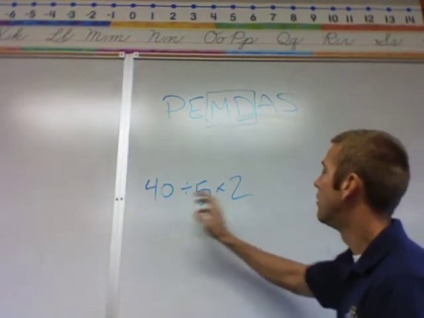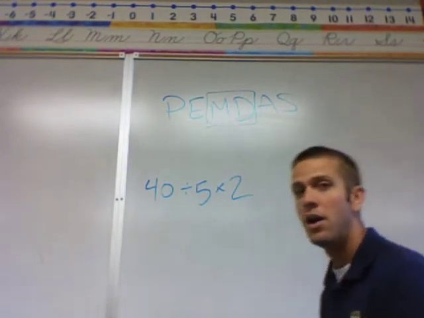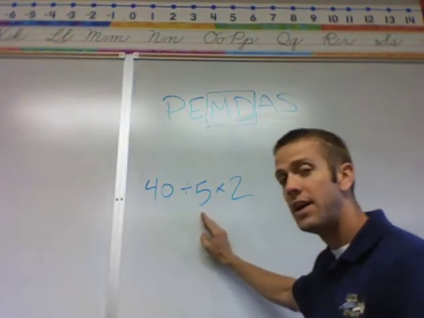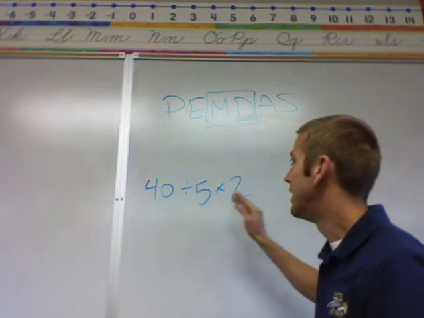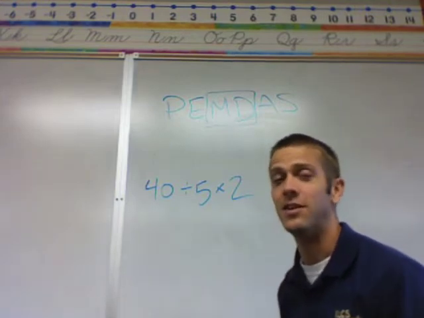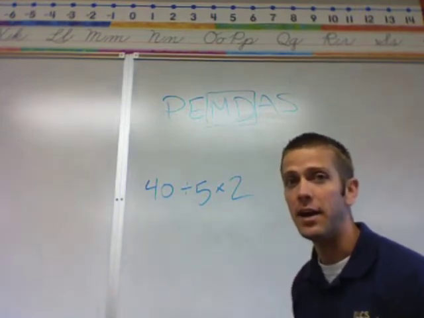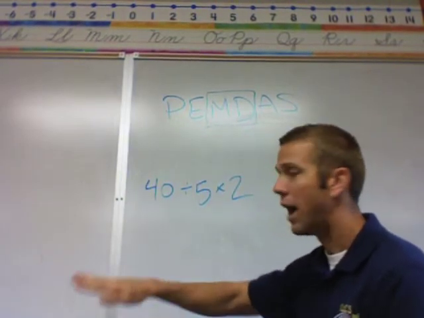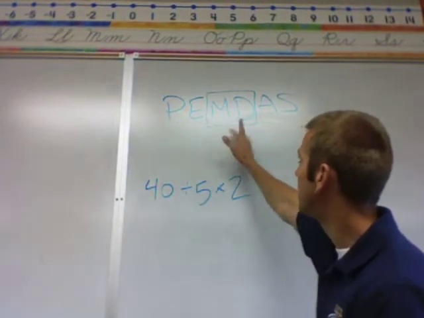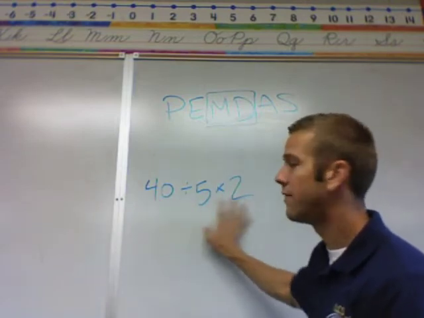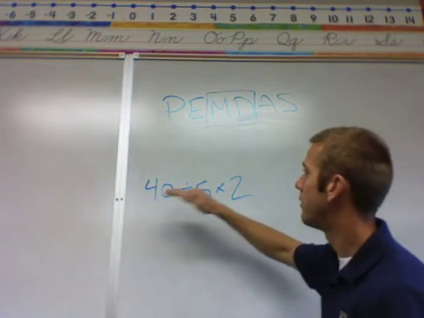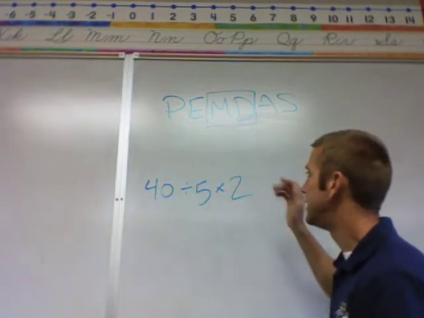That's 10. 40 divided by 10 is 4. When in reality, you could go 40 divided by 5 is 8 times 2 is 16. And the answer is 16. So when you get to the M and the D, you go left to right. It does not matter which one's first. If you have only multiplying and dividing in your problem, you start on the left, work across. So 40 divided by 5 is 8 times 2 is 16.